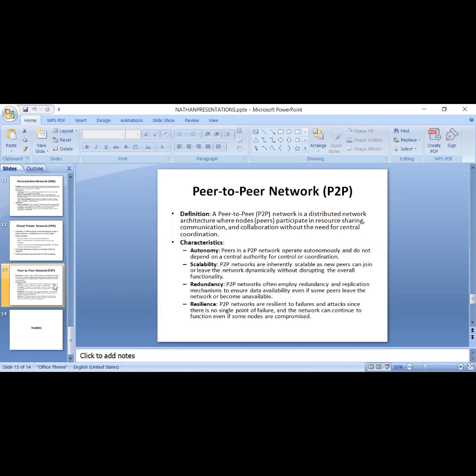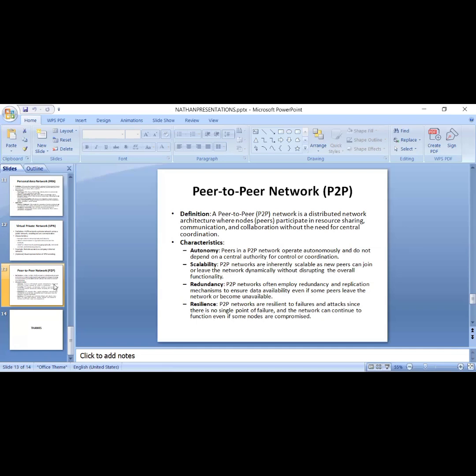Peers in a peer-to-peer network operate autonomously and do not depend on a central authority for coordination. Another characteristic is scalability. Peer-to-peer networks are inherently scalable as new peers can join or leave the network dynamically without disrupting the overall functionality.